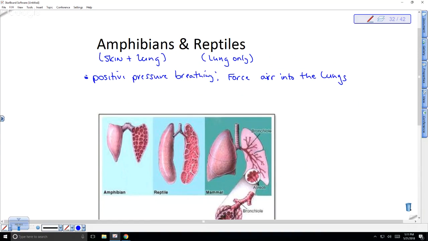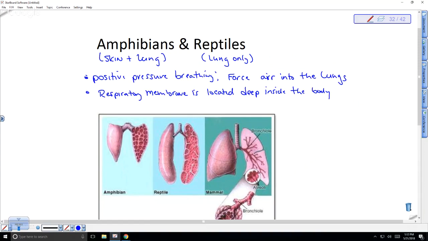The other thing about terrestrial animals is that their respiratory membrane is on the inside. So it's deep inside the body.